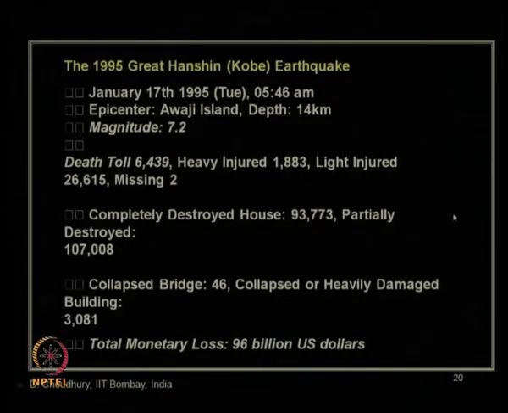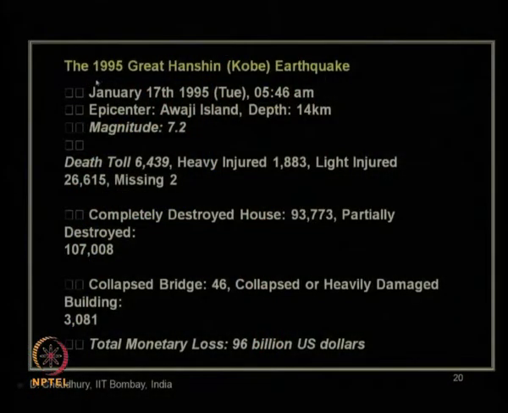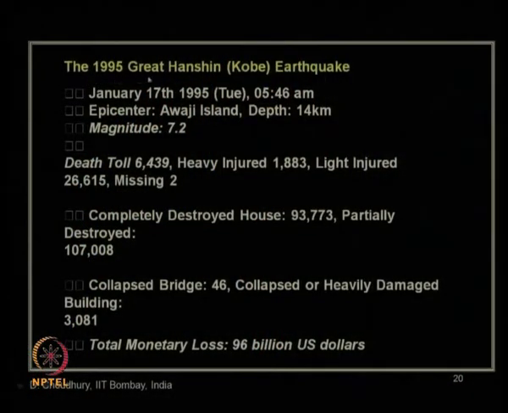Now, let us see another example of a historical earthquake, the case study of that through this slide, which is the 1995 Great Hanshin earthquake, or as it is popularly known, the Kobe earthquake, because it occurred close to the Kobe city in Japan.